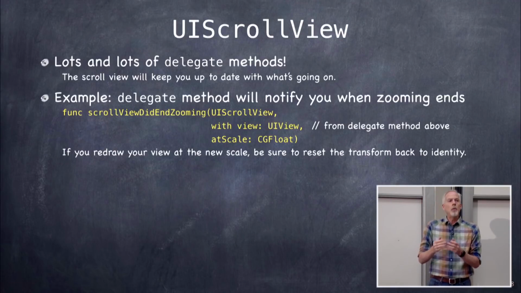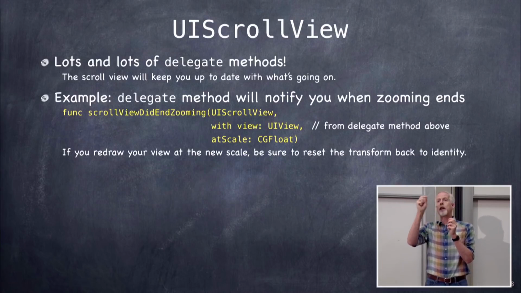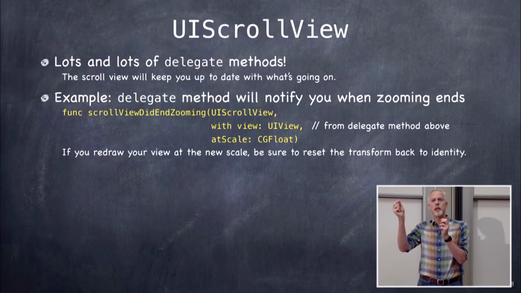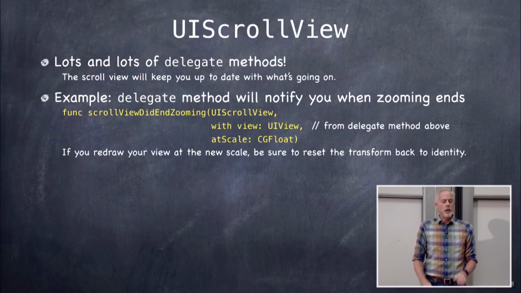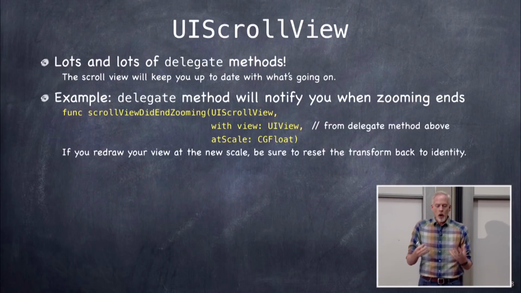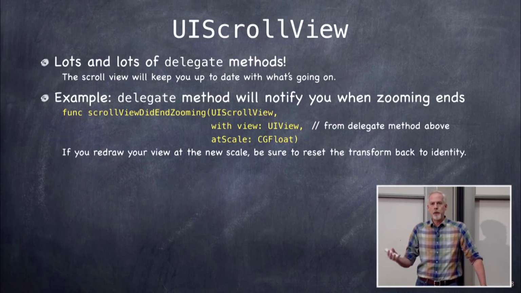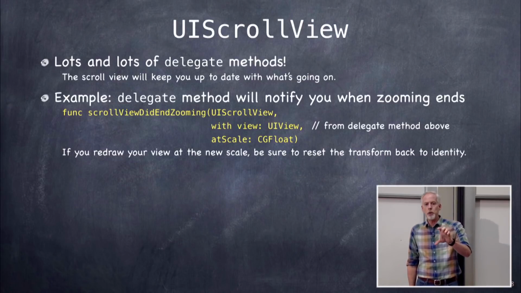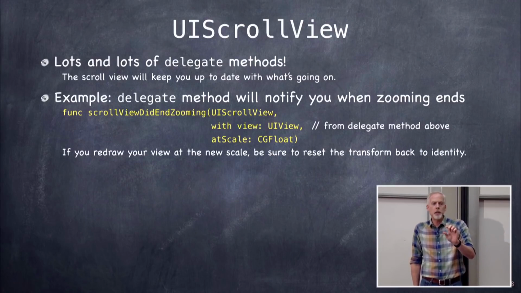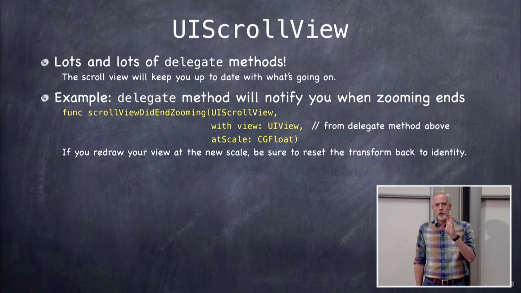Well, when you get this did end zooming at scale, you could set your transform back to the identity matrix and draw your draw rect bigger so that you're using that arc, and now you get a nice smooth arc. You see how this would work? So this is a good way to draw with higher resolution after you pinch in. You're still going to be doing transform while it's pinching, which is good, high performance and all that, but then when you let go, it redraws kind of sharp.